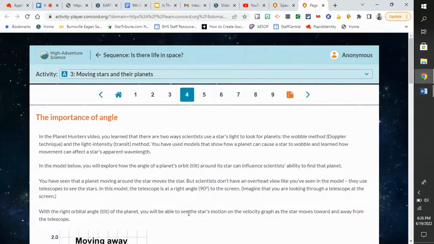You have seen that a planet moving around a star moves the star, but scientists don't have an overhead view like you've seen in the model. They use telescopes to see stars. In this model, the telescope is at a right angle, 90 degrees to the screen. Imagine that you're looking through a telescope at the screen.